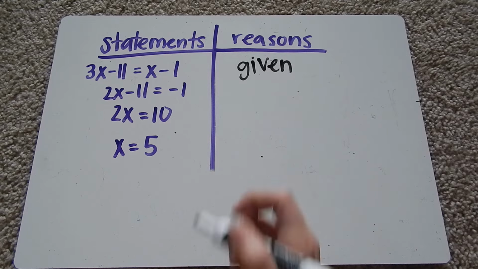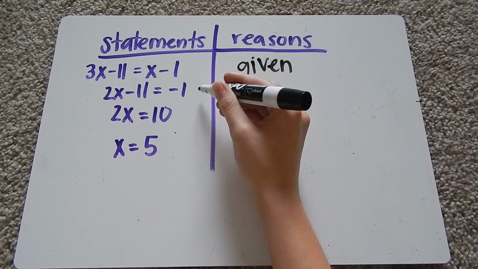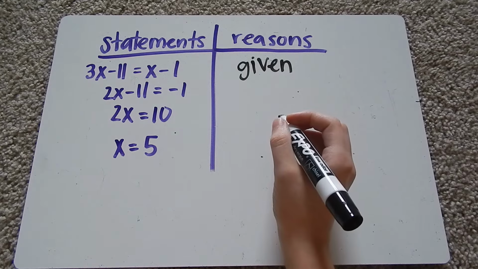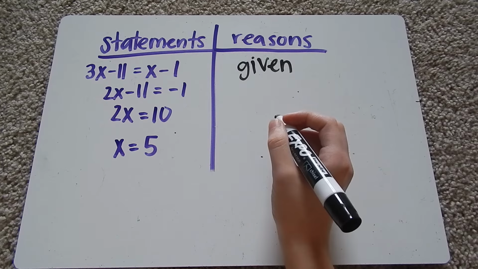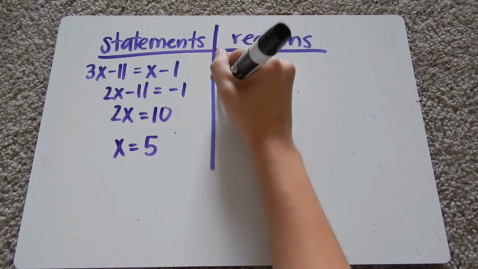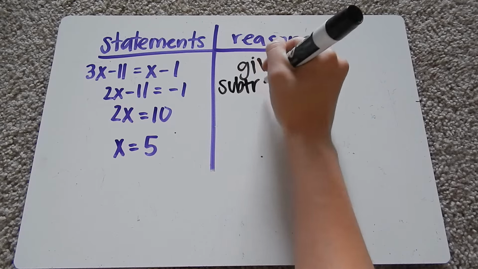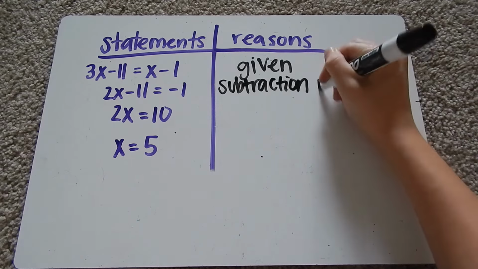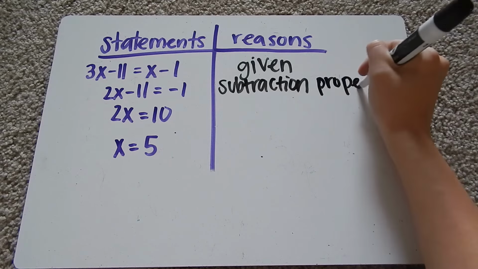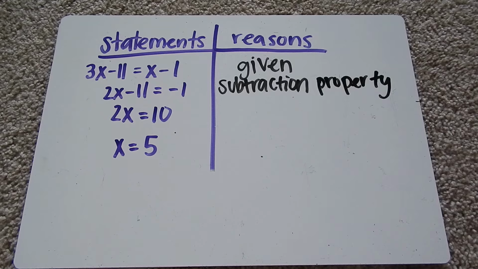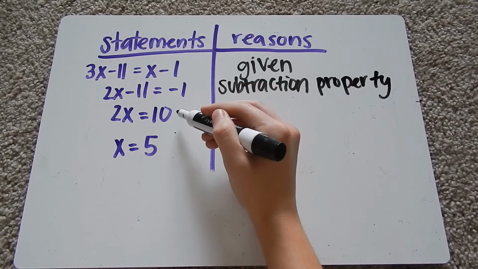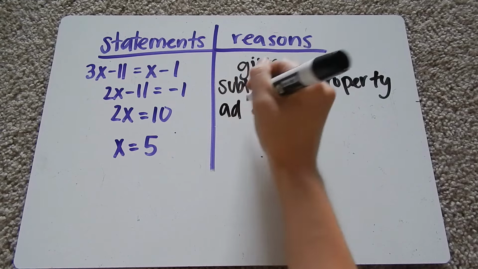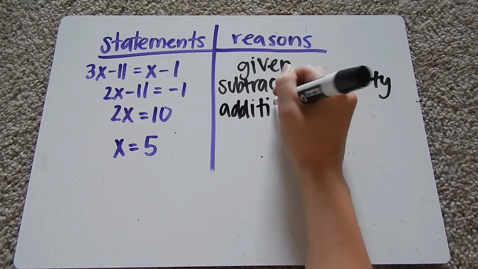Then we got down to this next step. How we got there was subtracting x from both sides. That's the first thing we did. We're able to do that by subtraction. So the reason is the subtraction property allowed me to do this. To get to the next step, what we did was add 11. So the reason for that would be the addition property.